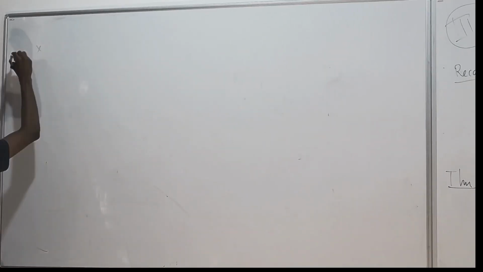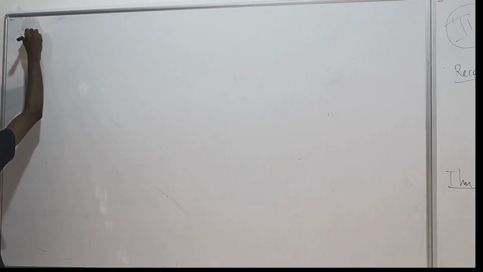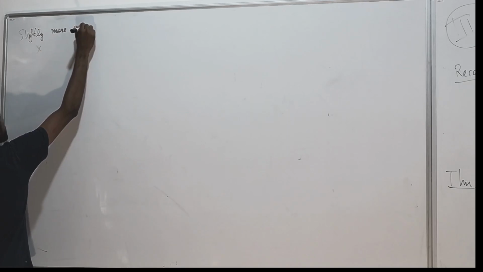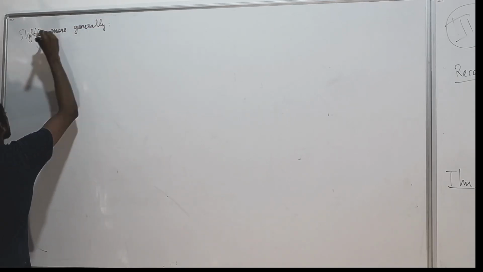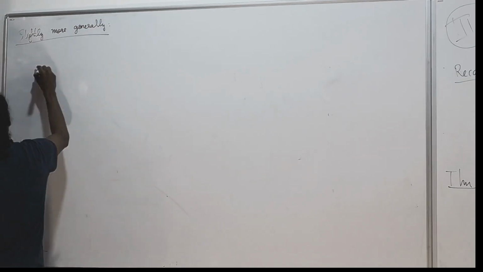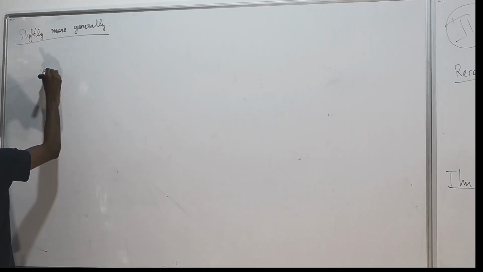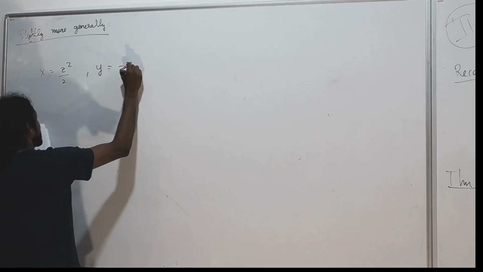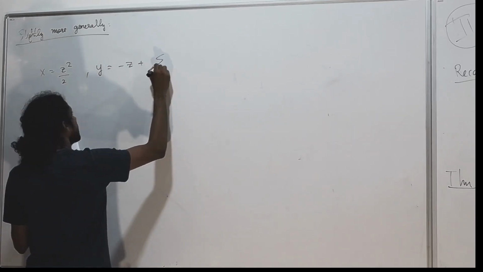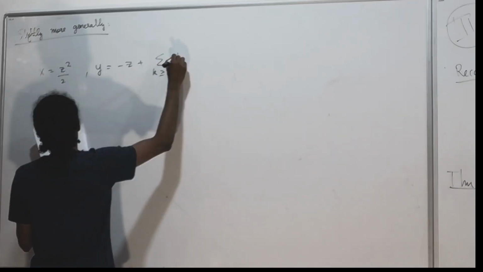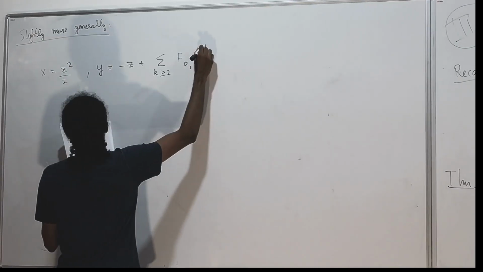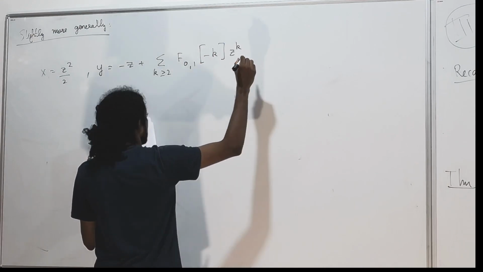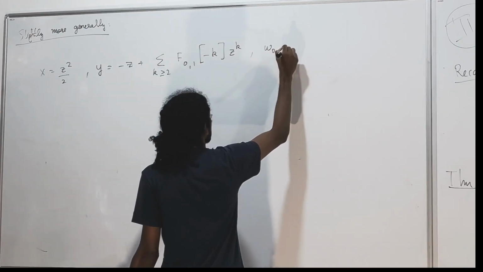So slightly more generally, x is z squared over 2. y is minus z. I take the same omega 0,2.